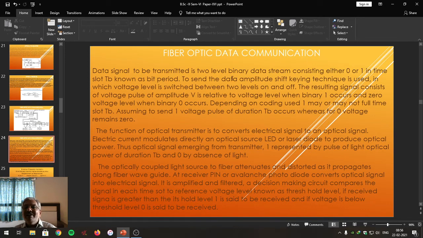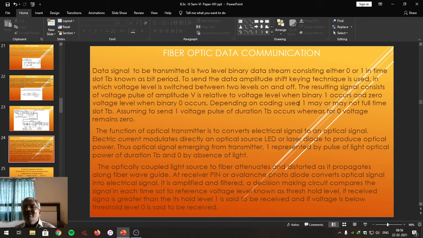To send the data, the amplitude shift keying technique is used, in which the voltage level is switched between two levels, one is on and the other is off. The resulting signal consists of voltage pulses of amplitude V when binary 1 occurs and 0 voltage level when binary 0 occurs.